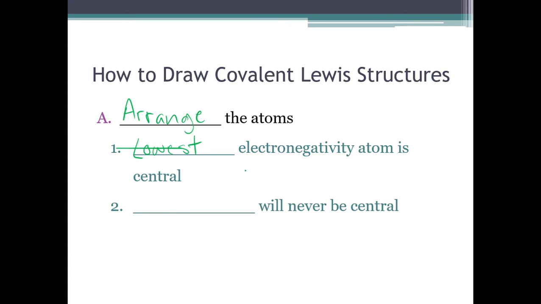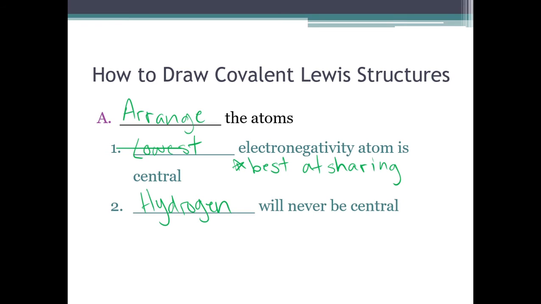So it should be the one that is the best at sharing, the least greedy, the one with the lowest electronegativity. So lowest electronegativity will go in the middle unless it's hydrogen. Hydrogen will never be the central atom for reasons that we'll see in just a little bit.